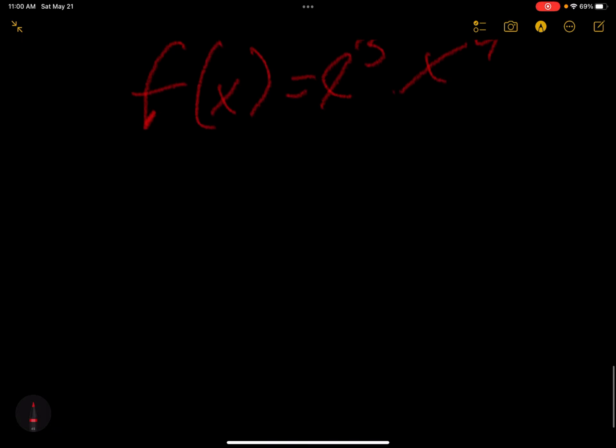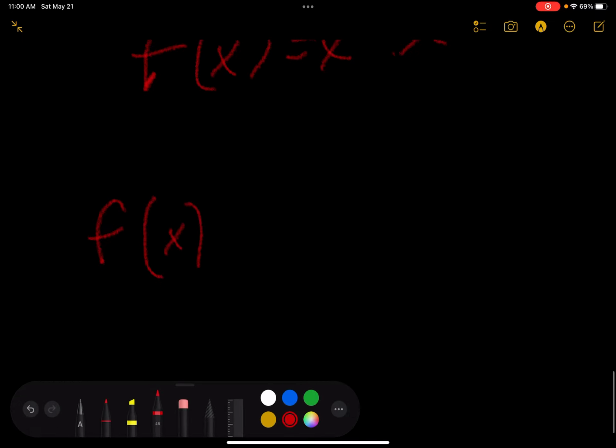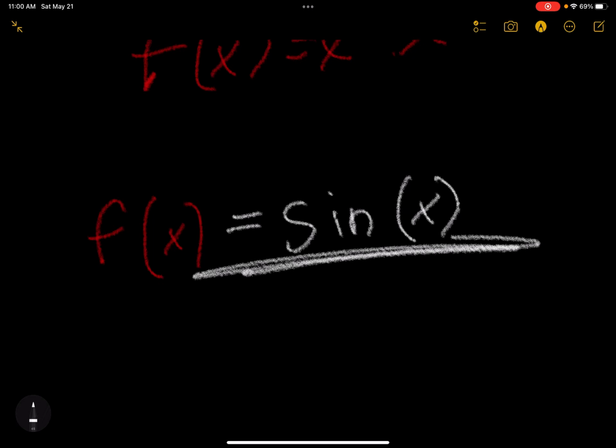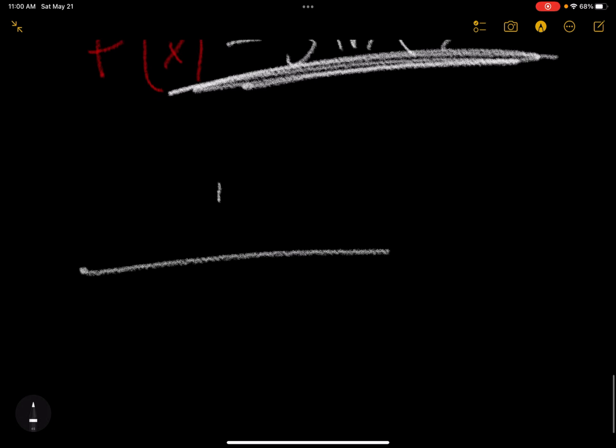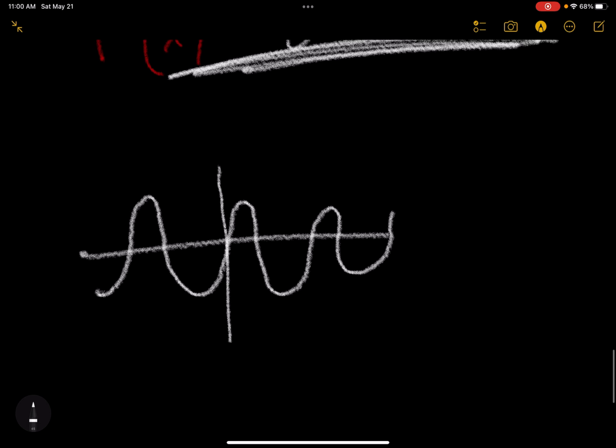Let's say our f(x) equals sin x. This function will turn out to be something more like this. This is actually pretty cool. That's our function right here.